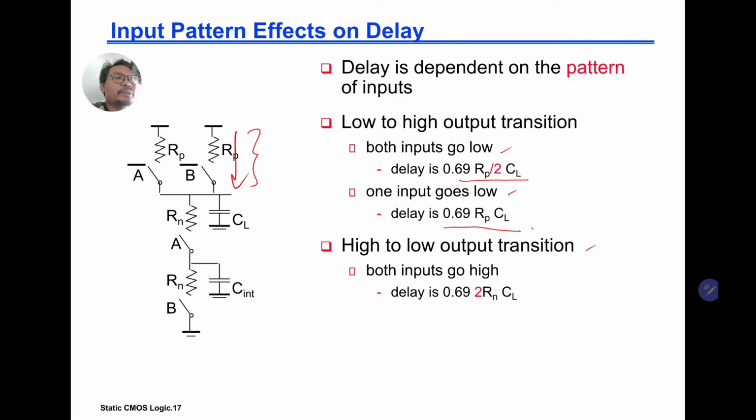So high to low output transition, discharging. So when both inputs go high, when you go 1, 1, this one is off, and it's going to discharge, and the discharge depends on, now you have a series RN resistance, so your delay is 0.69 2RN CL. Okay, so you can see that these are all different delay values or different delay parameters.